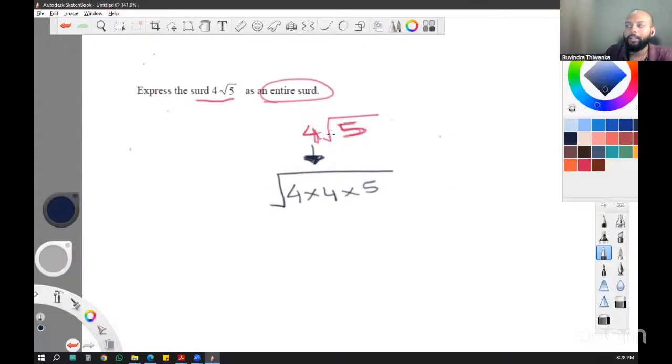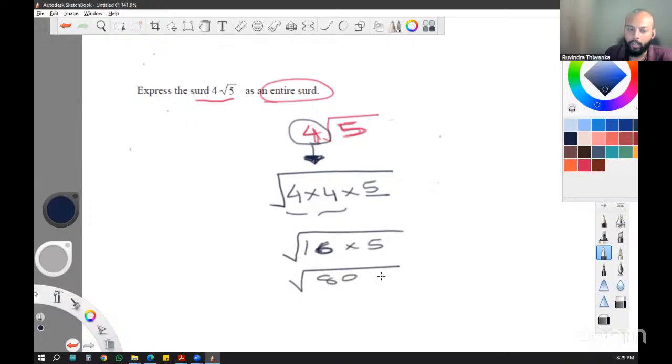You have to multiply the integer by itself and the surd value. This gives you 16, right? 4 times 4 is 16, times 5. So what is 16 times 5? You get 80.